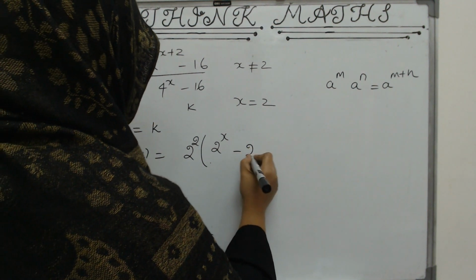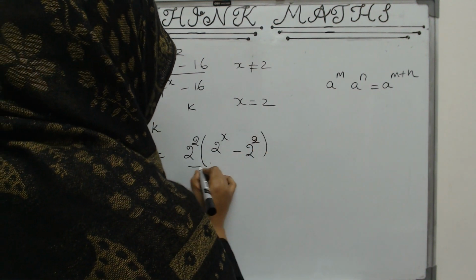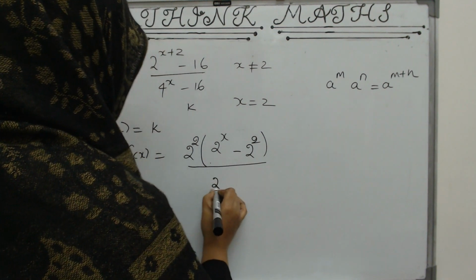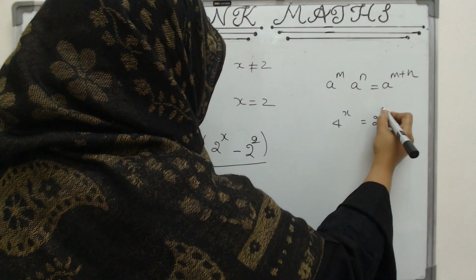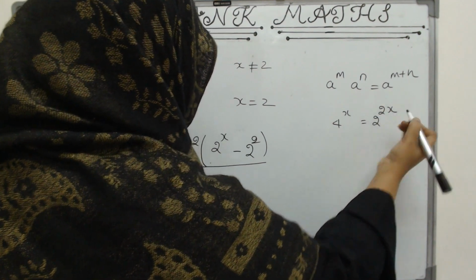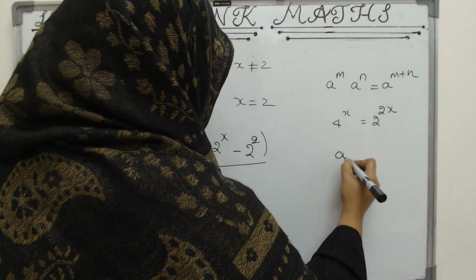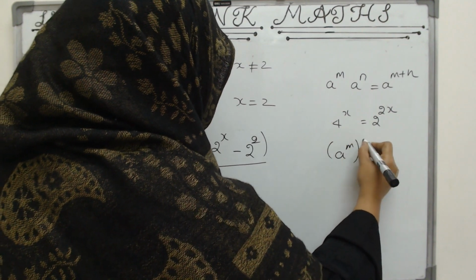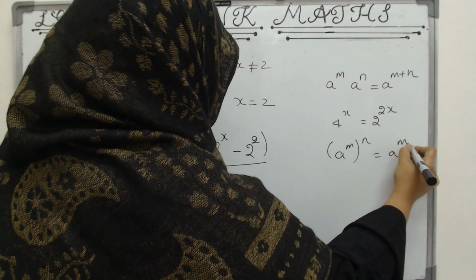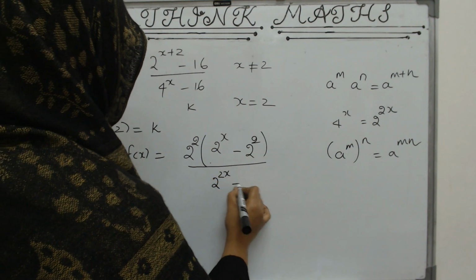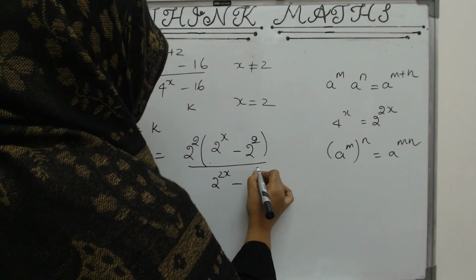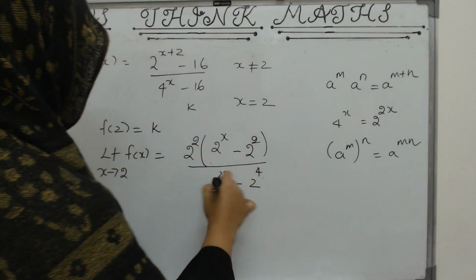So here you have 2 raised to 2, and in the numerator what do you have? Again 4 raised to x, you can write it as 2 raised to 2 into x, right? And what is that? a raised to m the whole raised to n is equal to a raised to mn. Remember that? So instead of this, you can write here like this, 2 raised to 4. Now what form is this?